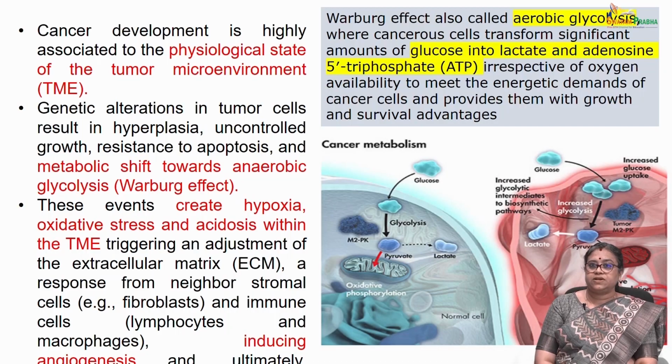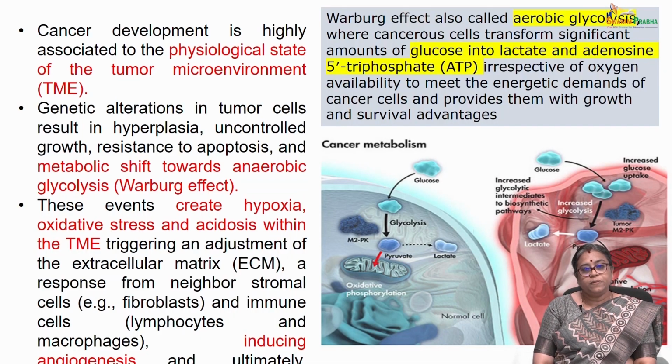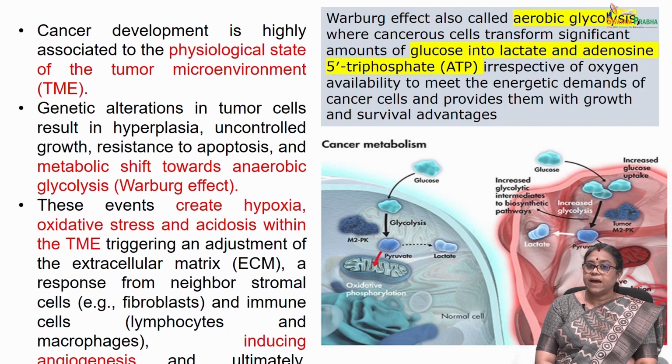The Warburg effect is otherwise called aerobic glycolysis, where the cancer cells are transforming significant amounts of glucose into lactate and ATP. So when cancer cells undergo glycolysis, they produce a lot of lactate irrespective of whether oxygen is present or not to meet their energetic demands. This Warburg effect gives the cancer cells advantages for growth as well as for survival.